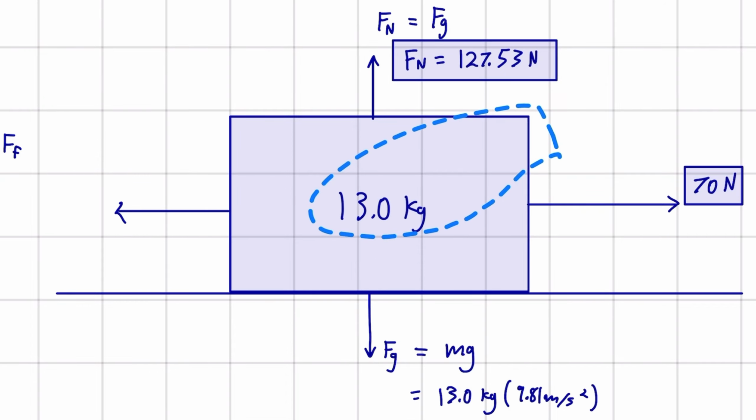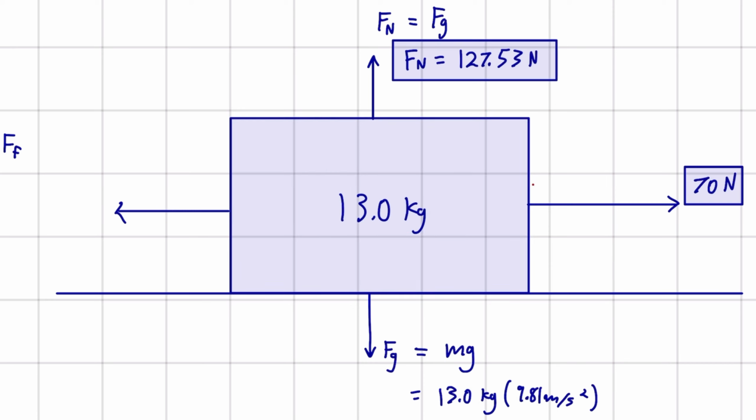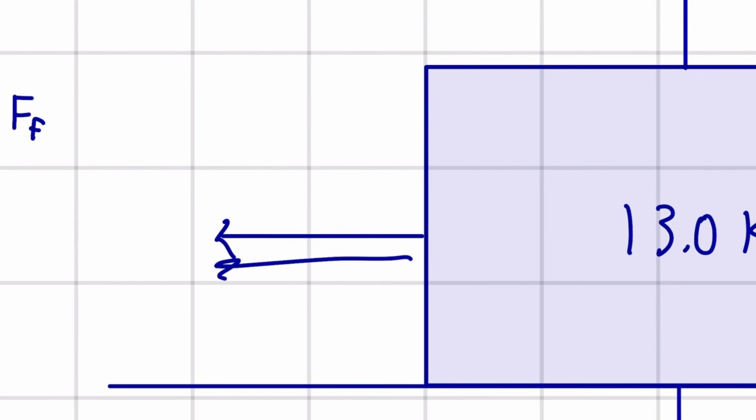Whereas if we had a box that was being pulled in this direction, then our friction would be in this direction. So the friction's always opposite in direction to the motion. So in this case, our friction is going towards the left.